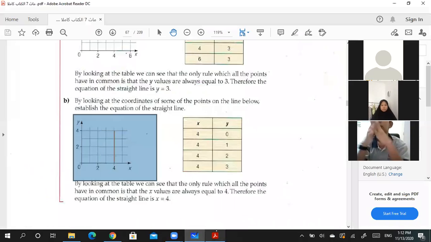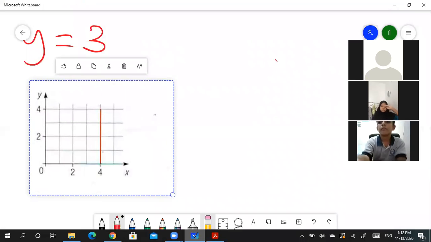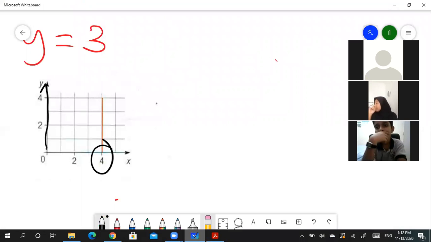If we have a vertical line like this, for the vertical line, we have only one value on x, and we have different values on y. So can we say y equals a function of x?